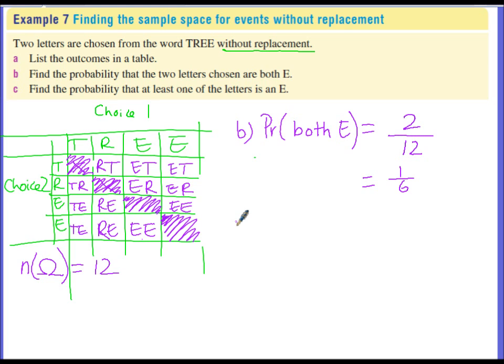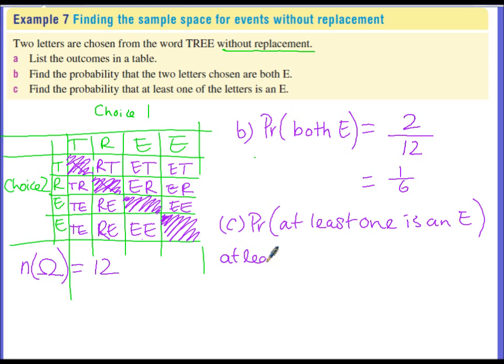Alright, let's look at C. What is the probability that at least 1 is an E? Okay, it might make it clearer if we write down the event space. So we want to write down all of the events that are part of at least 1 is an E. So these are curly brackets.